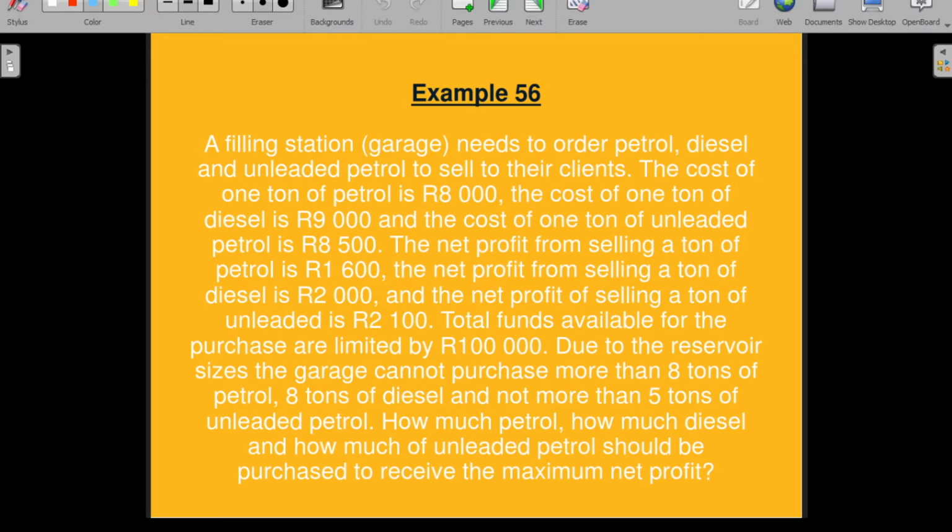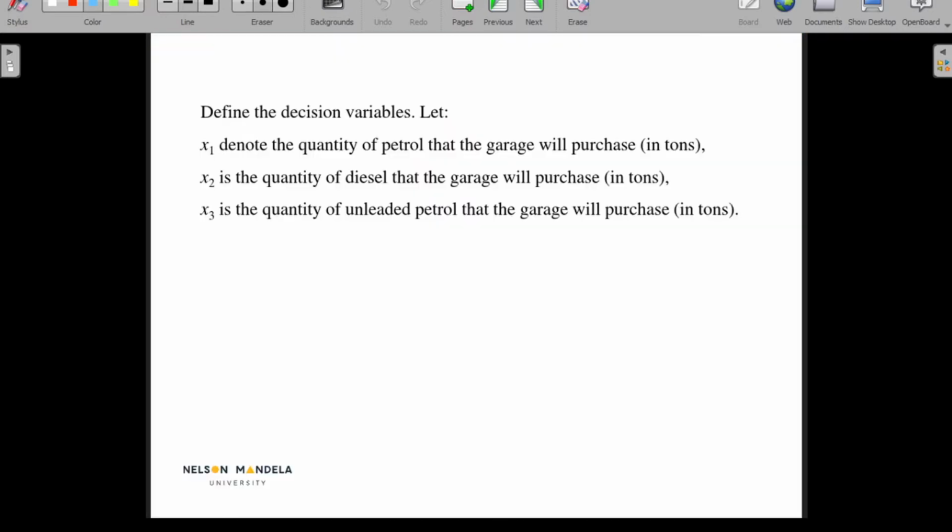So if we look at the decision variables in this case, we can define them as follows. Let X1 denote the quantity of petrol that the garage will purchase. X2, the quantity in tons of diesel that the garage will purchase. And X3, the quantity of unleaded petrol that the garage will purchase. So that is my three decision variables.